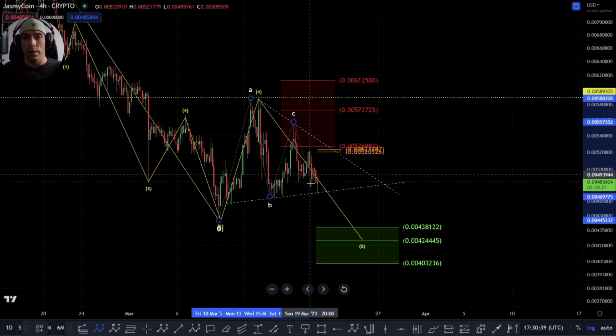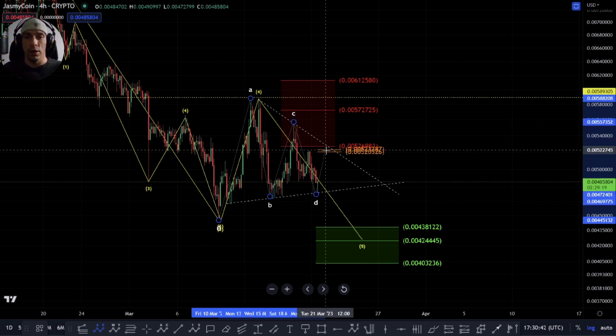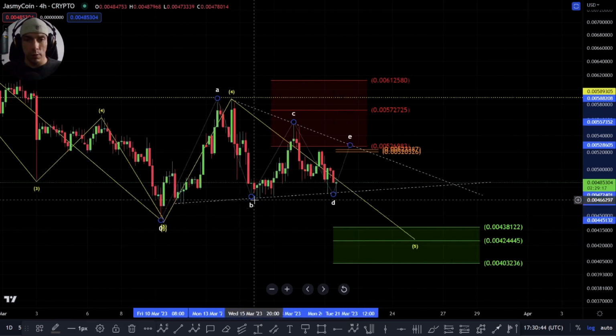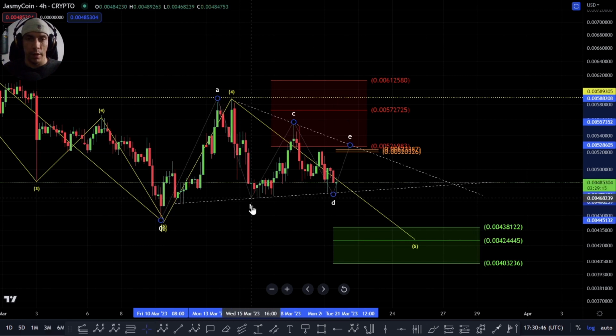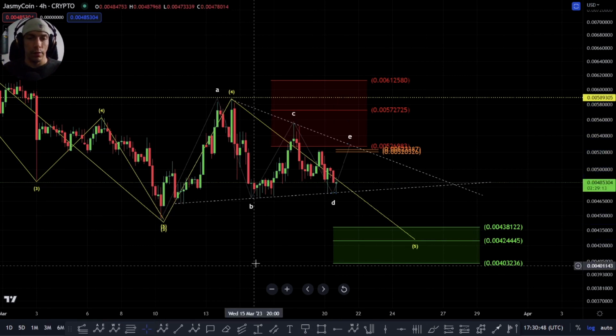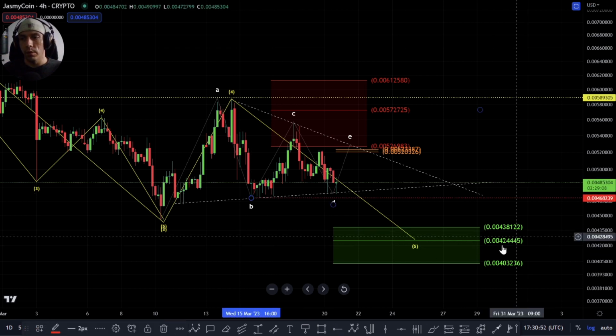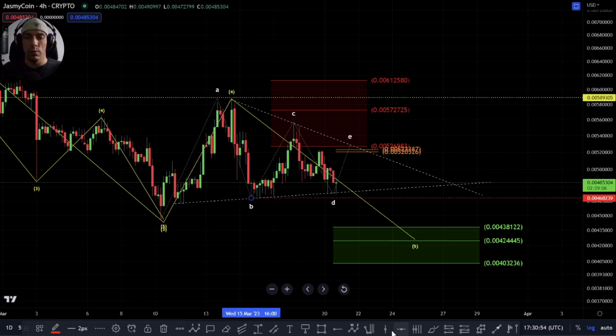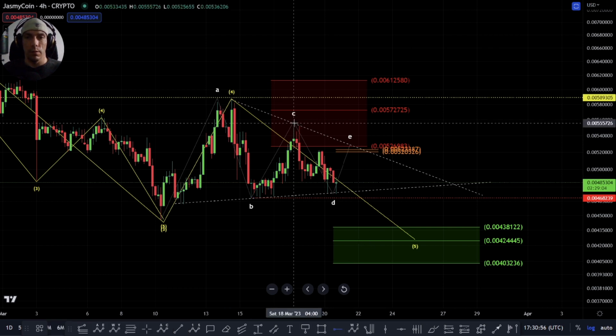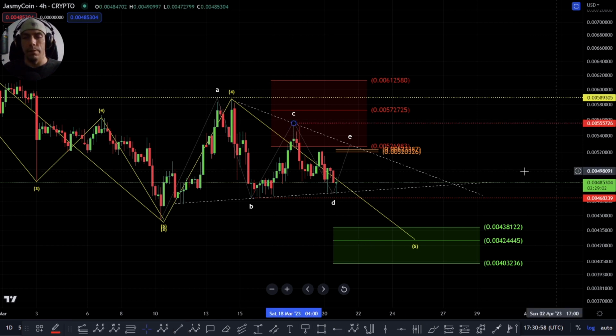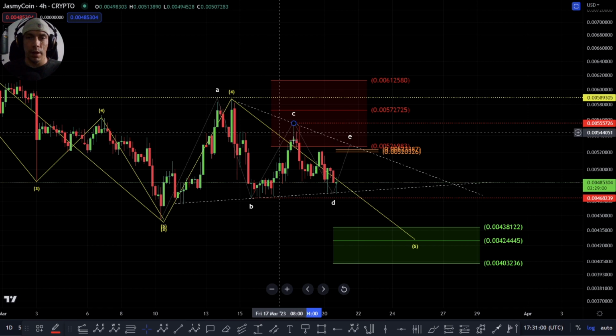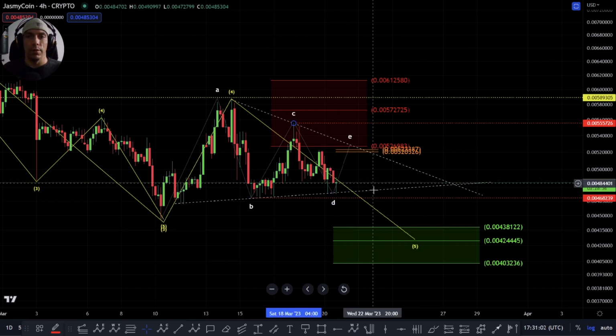This is a B, C, D wave potentially confirmed already. As long as we don't cross this B wave, this is still valid. Basically, this is the same idea for both ways round. We cannot cross this 4682 region and this region up here of this 5557. If we cross above that, then it would invalidate this as a potential triangle.